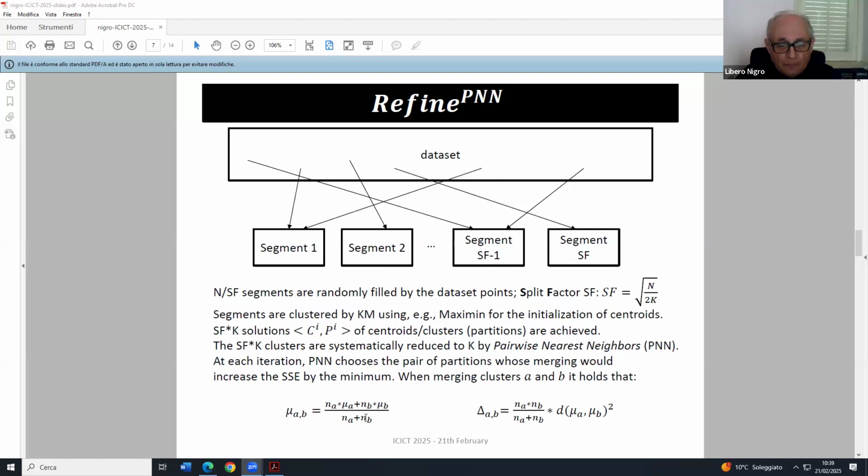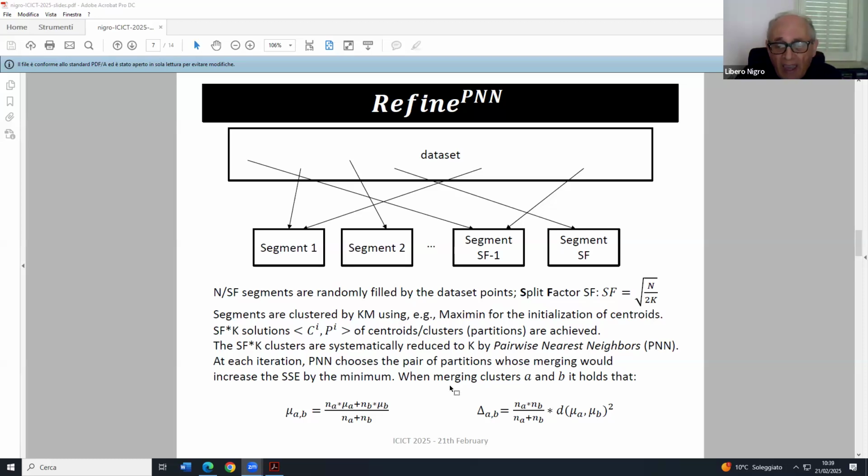Then we obtain a number of segments per k, which is the number of cluster solutions available. Then we reduce such a number of clusters to k through piecewise nearest neighbors, which means that at each time we select the pair of clusters whose merging would increase the SSE cost by the minimum value.